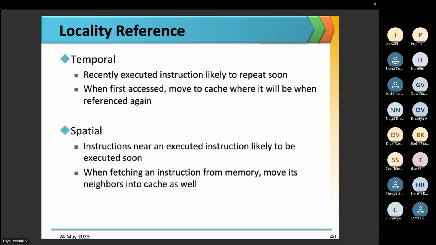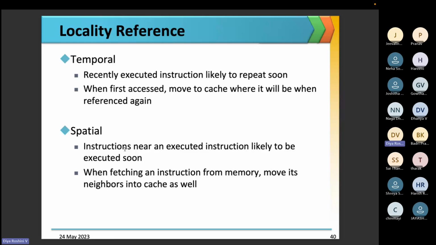Temporal, as I told. For example, let's take a loop. It's going to run multiple times. So if this loop is very near to my processor, I can reduce a lot of time by not going back to the main memory again and again, because it's the same instruction. I want the same instruction to be processed multiple times. That's what I mean by temporal locality. At time T1, I am processing that instruction, and at time T2, I am processing that instruction again.